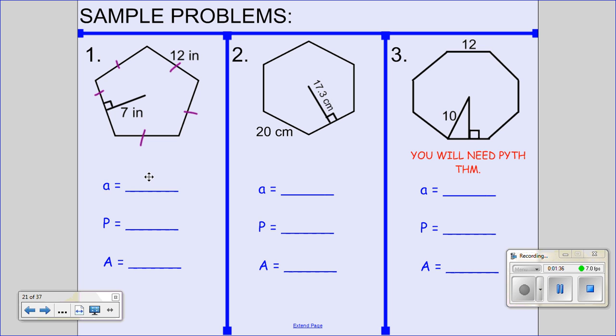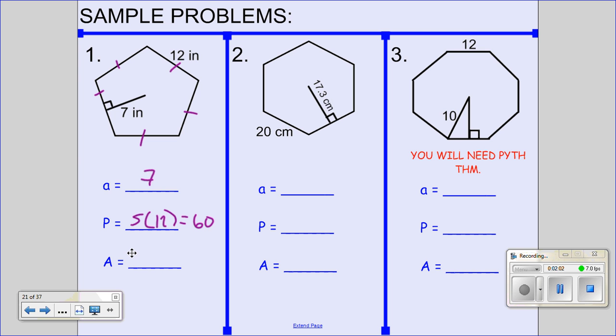The apothem on this pentagon is 7. To find the perimeter, since it's a pentagon, it has 5 sides, and each side is 12 inches. So we just multiply 5 by 12 and we get 60. Or you can do 12 plus 12 plus 12 five times.